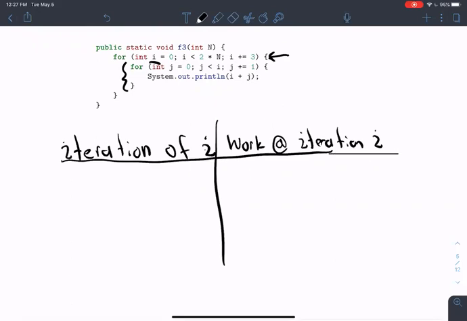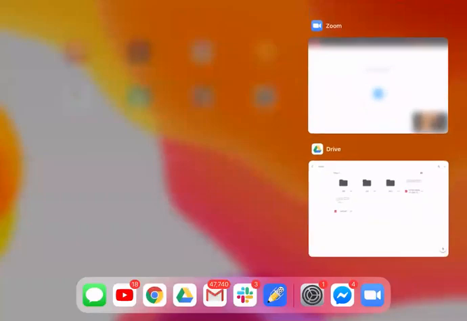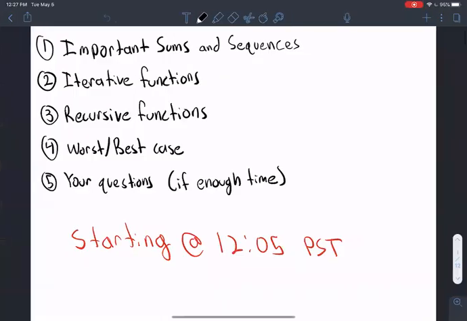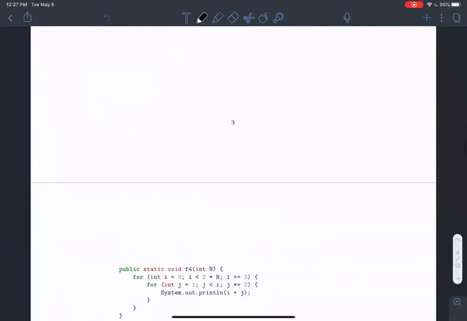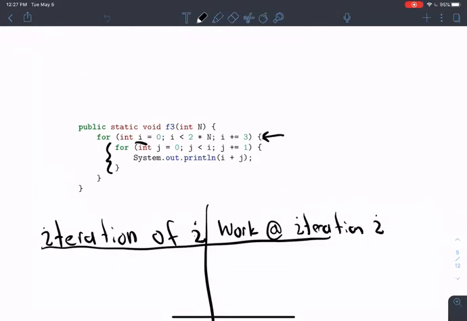So in this case, the work at any iteration i is only done in that for loop with j. So it doesn't matter. The only place where i is used is in the inner for loop with j.